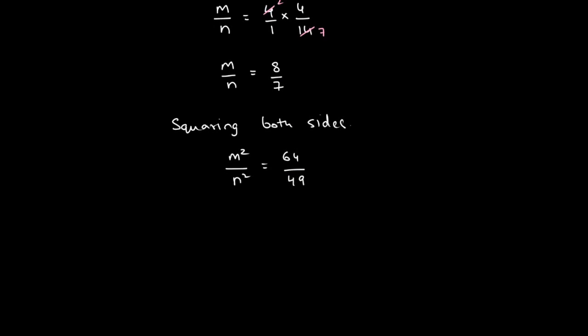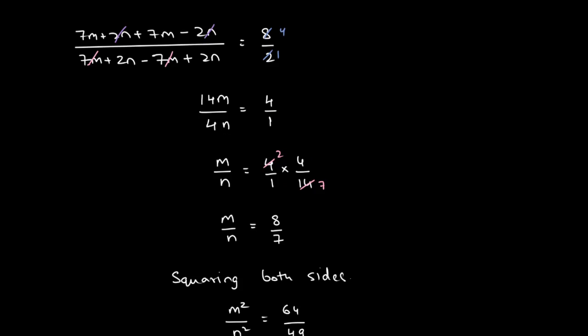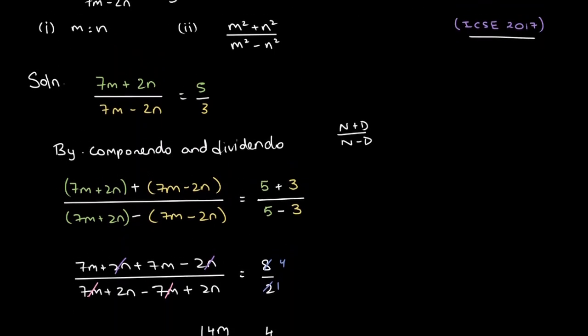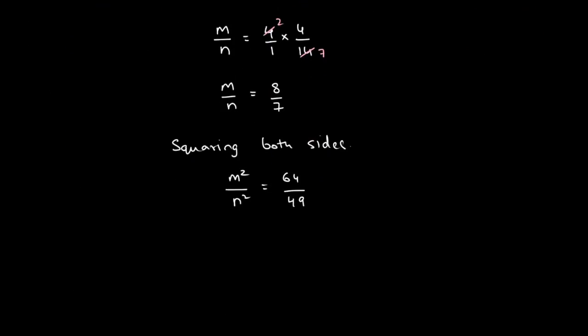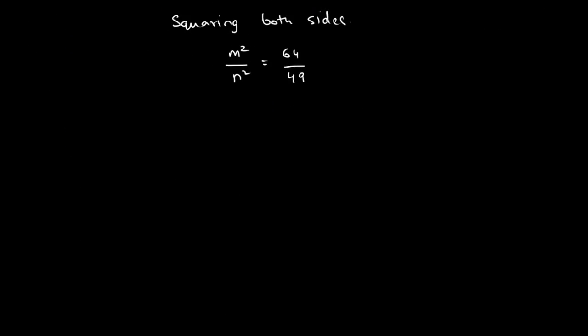And now I want to find the value of m² + n² upon m² − n², and this is nothing but the property of componendo and dividendo, and so that's what I'm going to apply to this proportion over here.